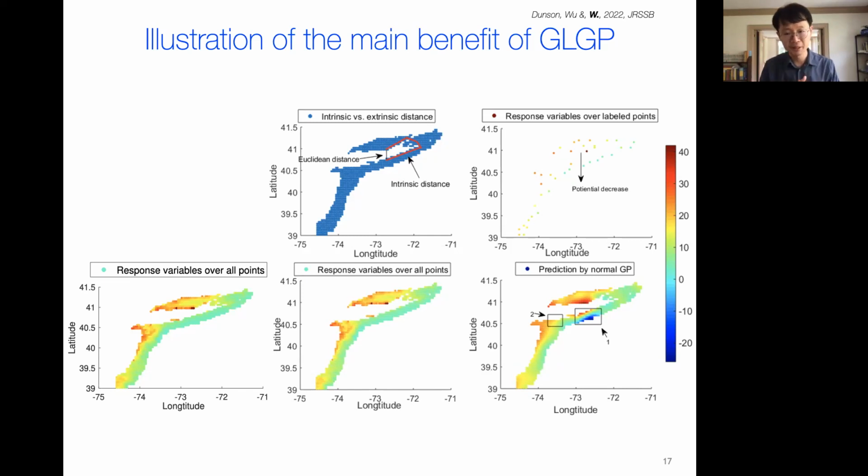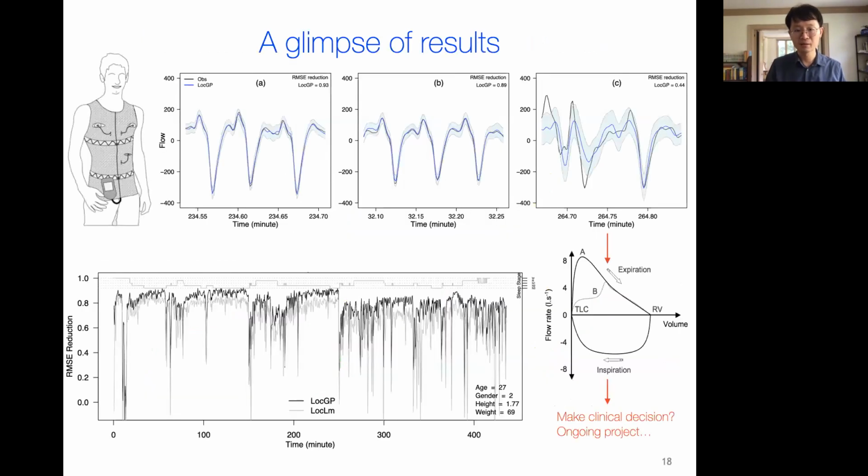But on the right bottom plot, if you do not respect the intrinsic geometry, then you can see some troubles, for example, those indicated by 2 small blocks. So respecting the intrinsic geometry is important. Otherwise, you may get something not very reasonable in the end.